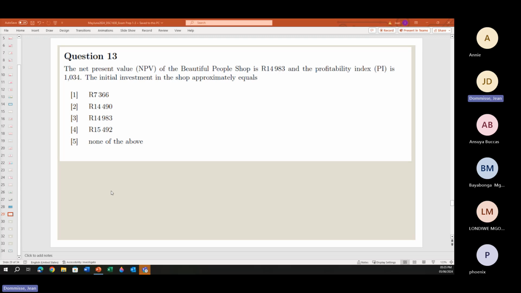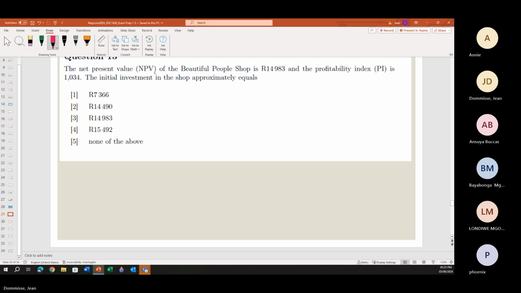So the first one we're looking at is a net present value question.